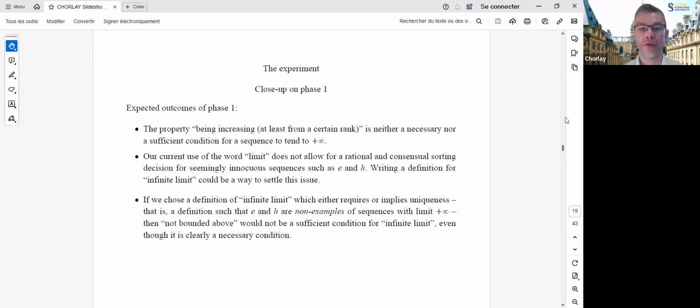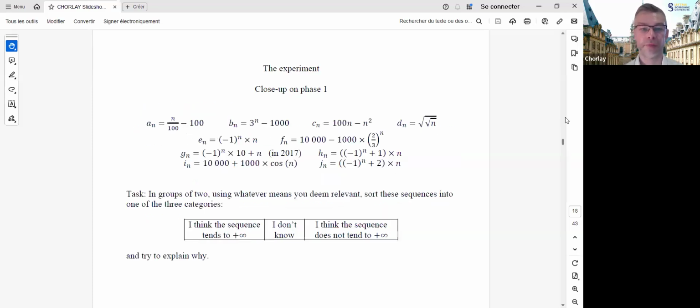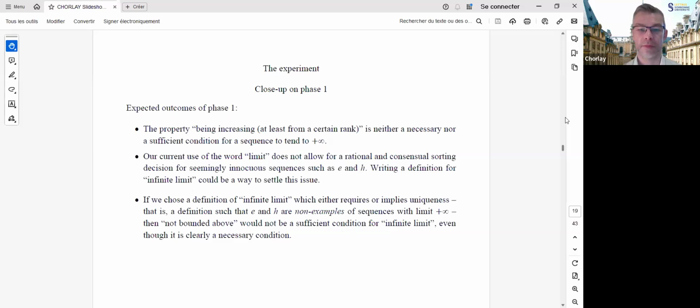So let me remind you what E and H are. Those which tend to positive infinity among other limits. And we would like them to say that, oh, maybe we need a definition for the word infinite limit.